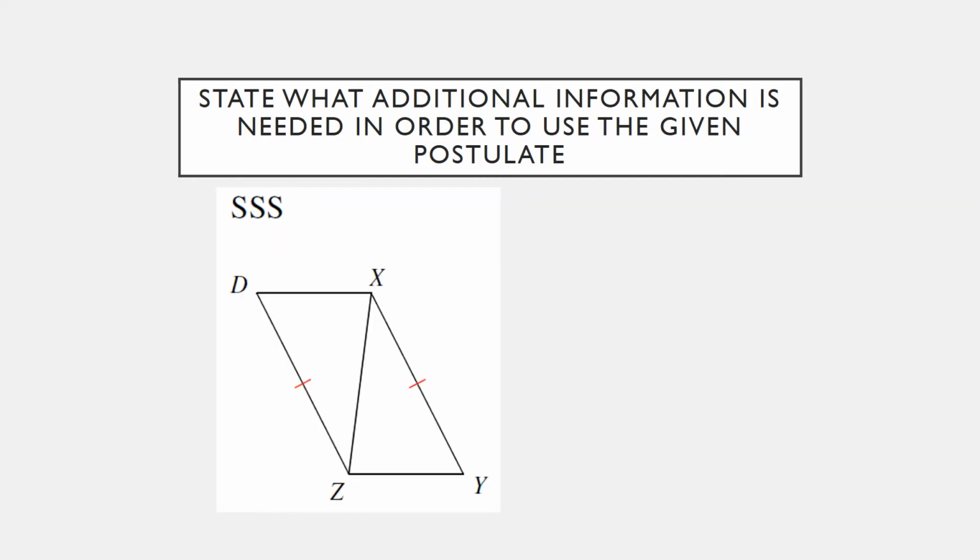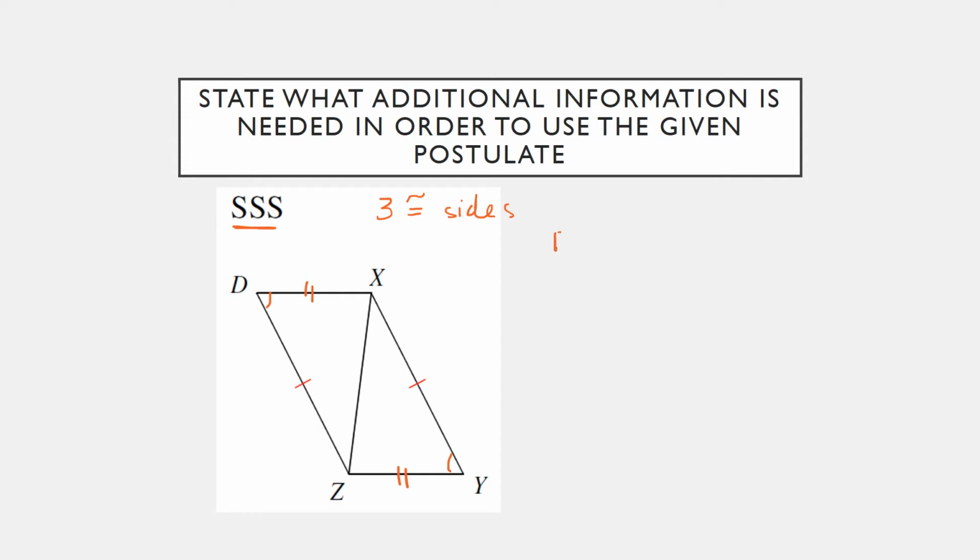So our other example here, again, we have two triangles that we want to prove congruent by SSS. And remember, that just means three congruent sides. In this one, they only show us that two sides are congruent. So in order for us to prove this by SSS, I would need to know that GX is congruent to YZ. If I write that again, remember, the angles that are corresponding to each other have to be written in the same place.